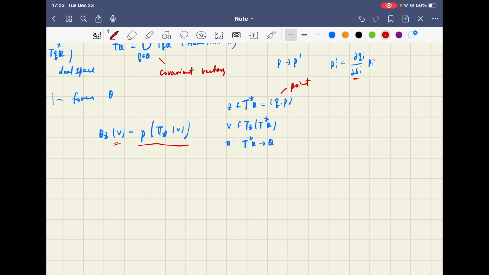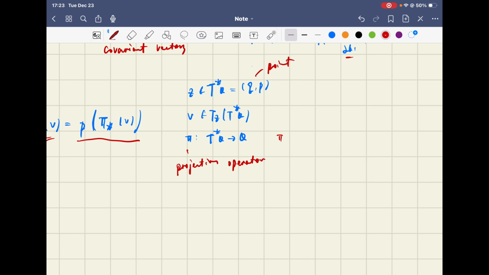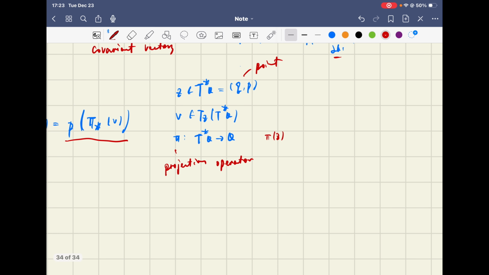So pi is called a projection operator, and it also naturally exists on the phase space because what it does is simply select the q value of the point. So let's operate pi on Z. Since the two values for Z are Q and P, it simply spits out the Q value.